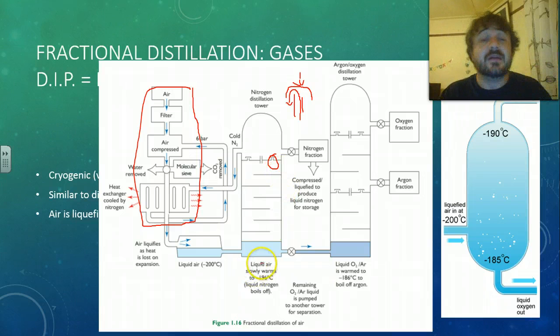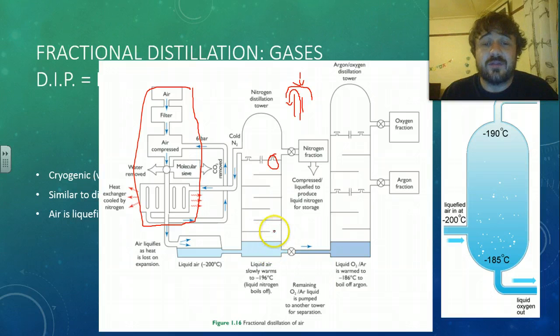So basically the liquid air comes into this first column and is heated to exactly minus 196 degrees, and it's very precise, and that's exactly where it's at, not any higher. And the nitrogen boils off. Boiling at minus 196 degrees, it comes up here and gets collected up here and is extracted out.